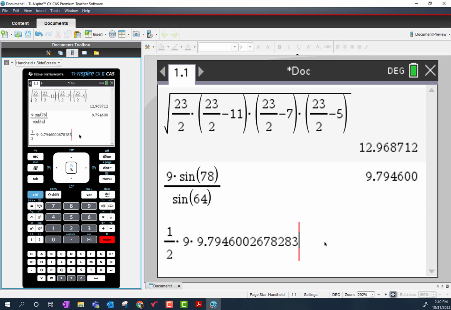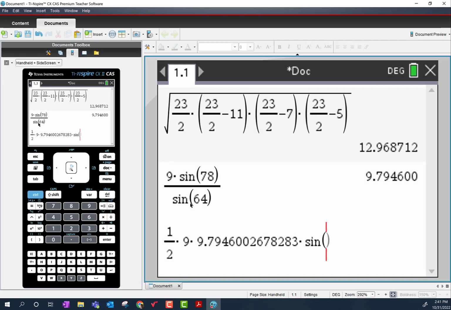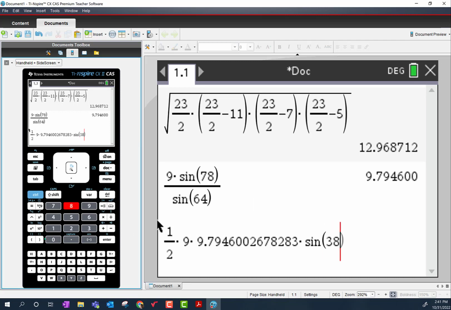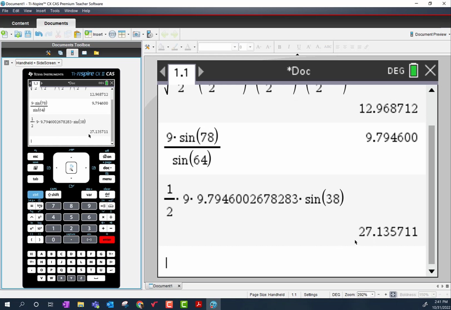That's what you should do. You should never get rid of a number. Don't round until the very end. Times, and then we want sine of 38 degrees. And that gives me my answer of 27.1357. So that's my area.